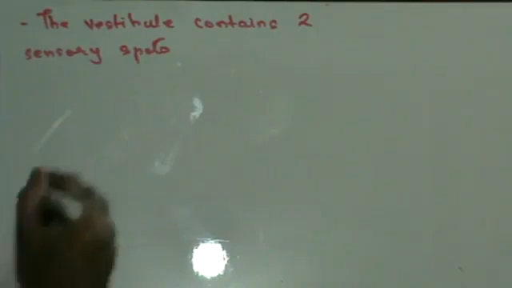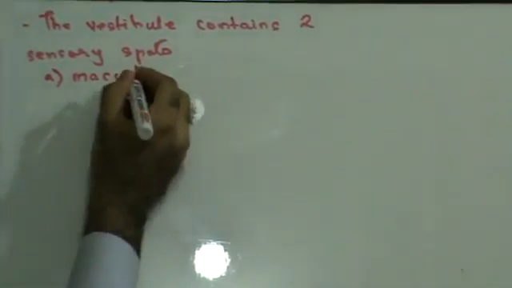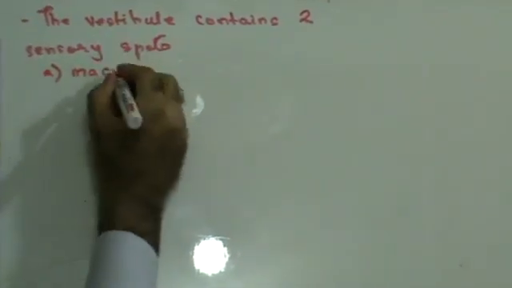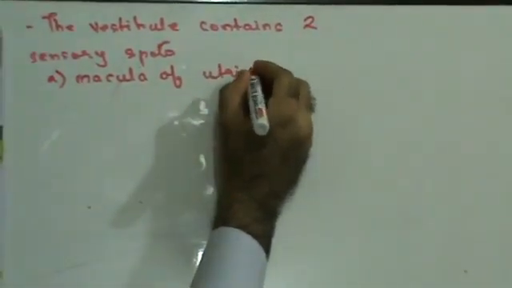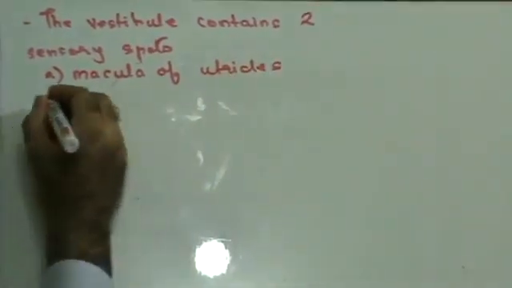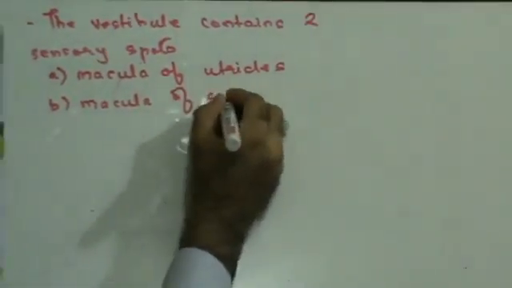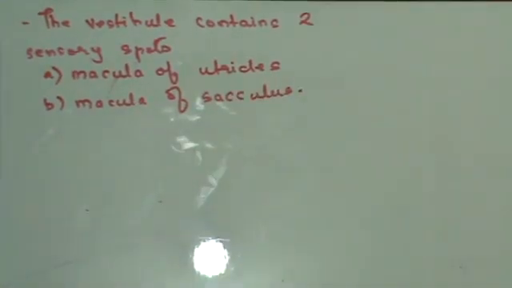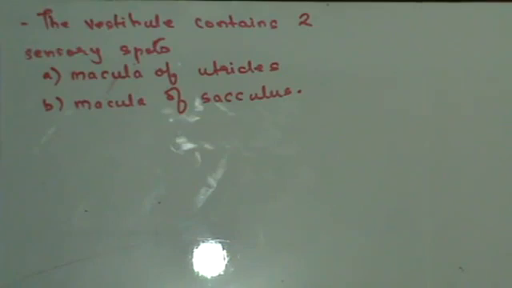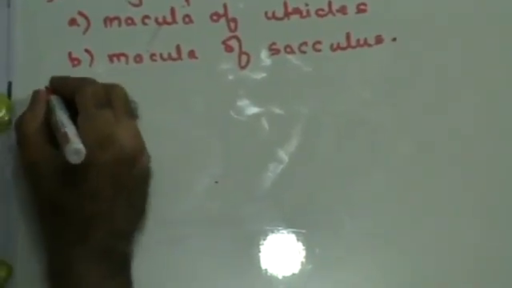One is the macula of the utricle, and the second is the macula of the sacculus. These are the two sensory spots, and they help in maintaining the static equilibrium and the static acceleration of the body.